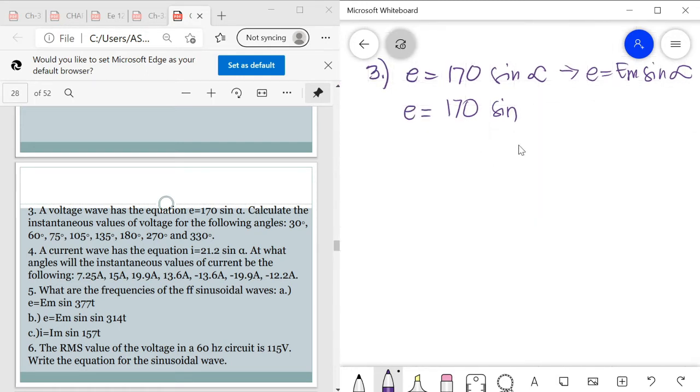So, E is equal to 170 sine. Our first angle is 30. So, that is equal to, your calculator must be in degrees kasi naka-decrease yung mga given. So, 170 sine of 30.